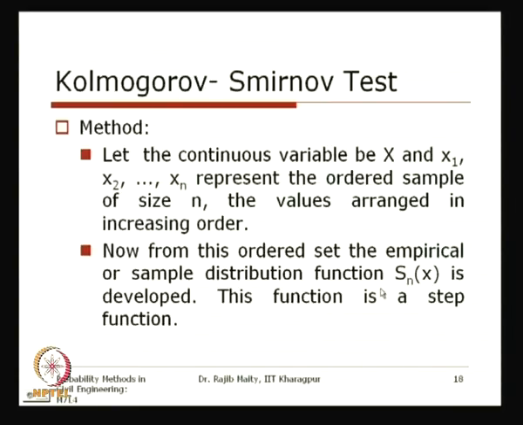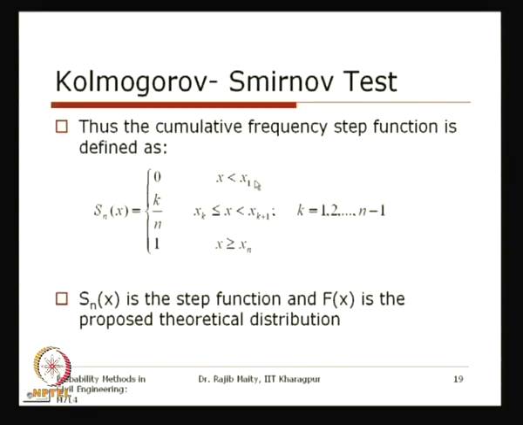So how do we get this cumulative distribution function from the sample? Sn(x) is equal to 0 when x is less than x1. Sn(x) is equal to k by n when x is between xk and xk+1, and k can vary from 1, 2, 3 up to n minus 1.